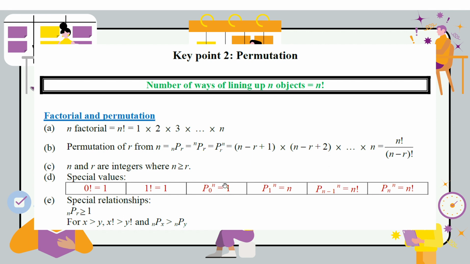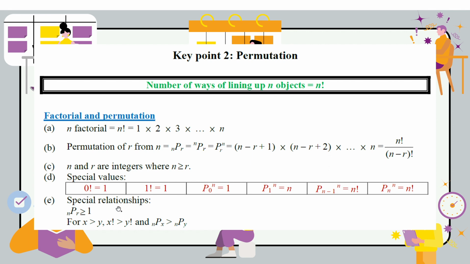What is nP0? n factorial over n minus 0 factorial, so 1. How about nP1? n factorial over n minus 1 factorial, so n. You find it quite funny. Look at these different special cases of nPr and factorial.